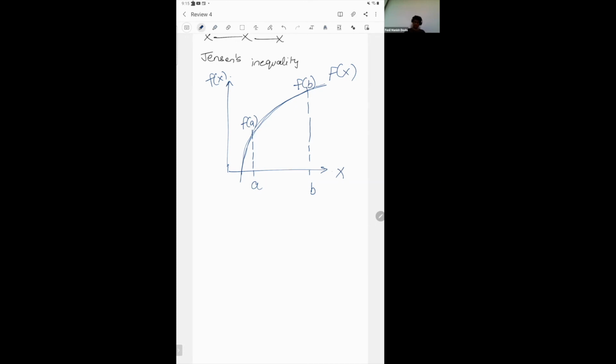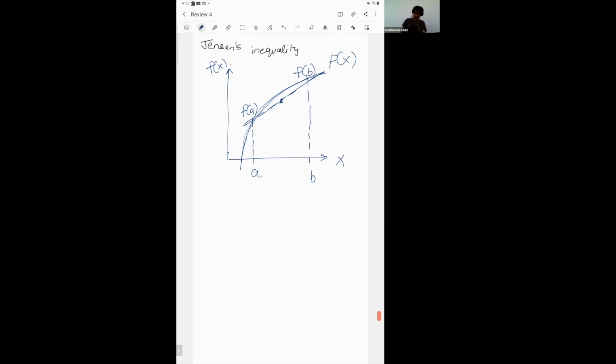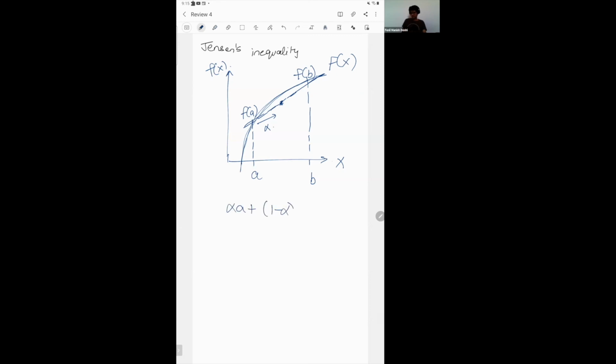Jensen's inequality simply says that if this is some line, then you can get any point on this line if you remember the parametric equation of that line. Let's say we go alpha in this direction, then this point would be alpha a plus 1 minus alpha times b.